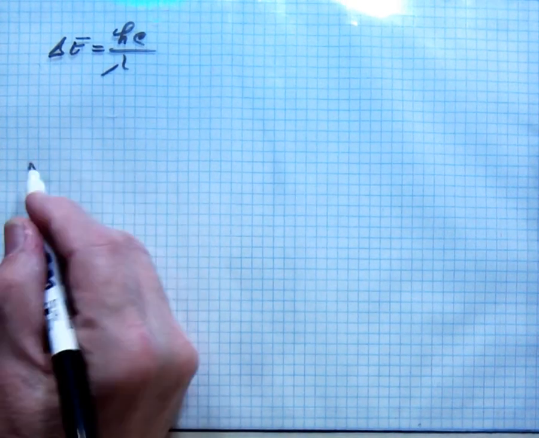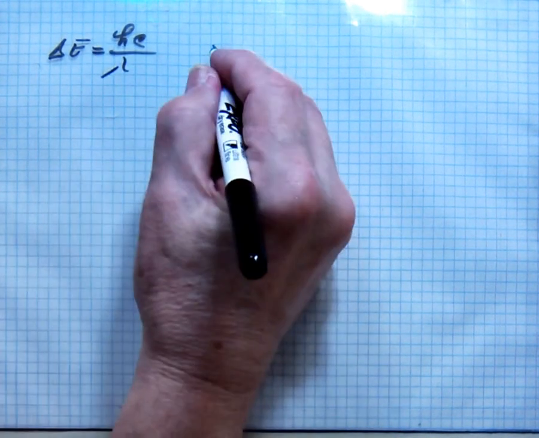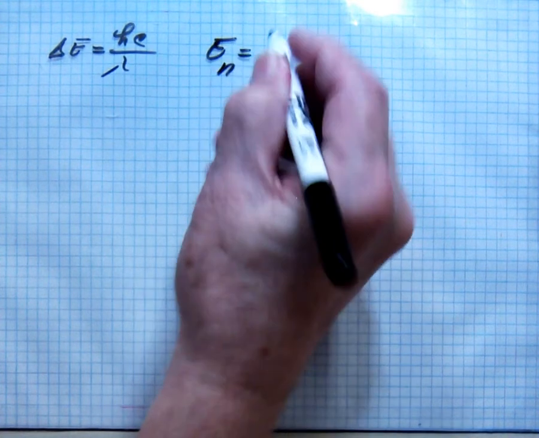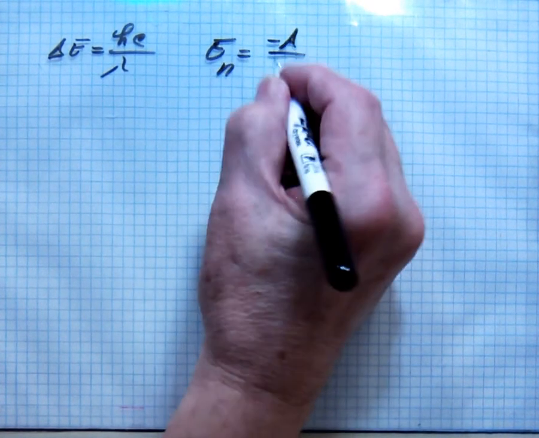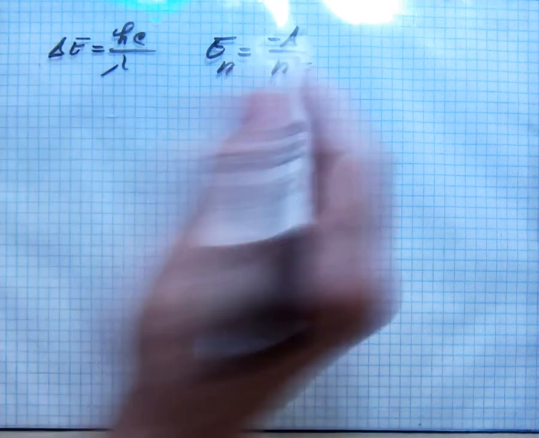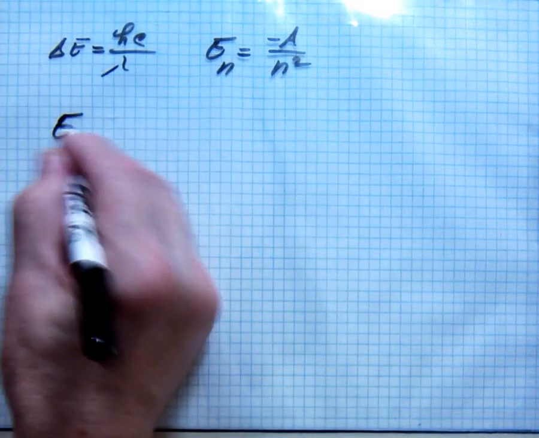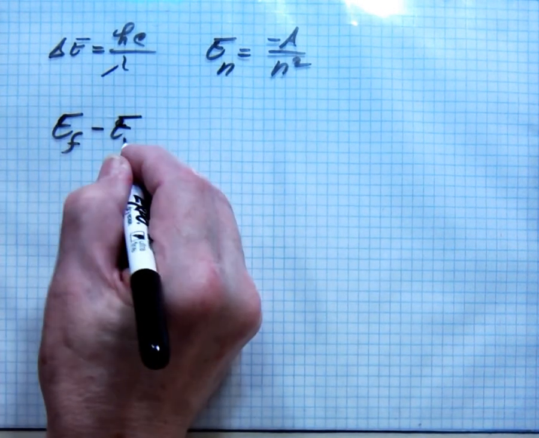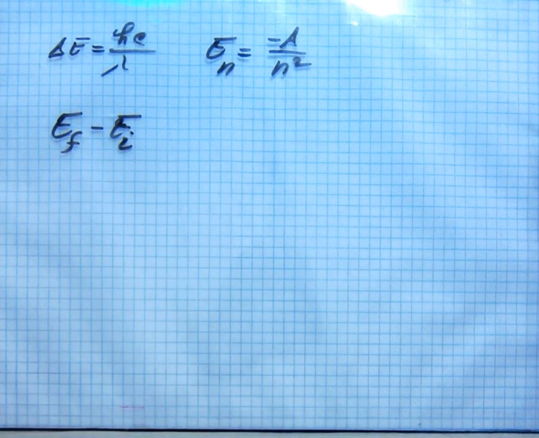Here's what we're going to do. E sub n is equal to minus A over n squared for whatever ring you're in. Delta E is going to be E final minus E initial. That's how we did that with 2 and 3.